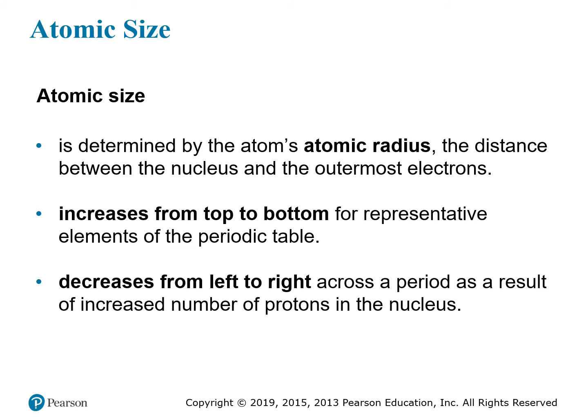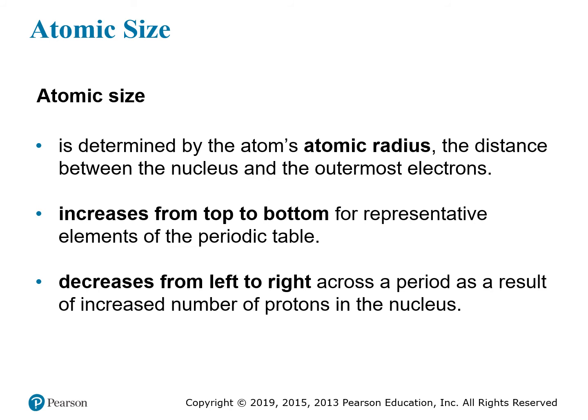You should remember that the energy levels get further away from the nucleus as the value of n gets higher, which means the n equals 4 energy level is much further away from the nucleus than the n equals 1 energy level. So as you go down a group, you're putting more electrons in, and they go into higher and higher energy levels, and so the atom gets bigger, the atomic size increases.